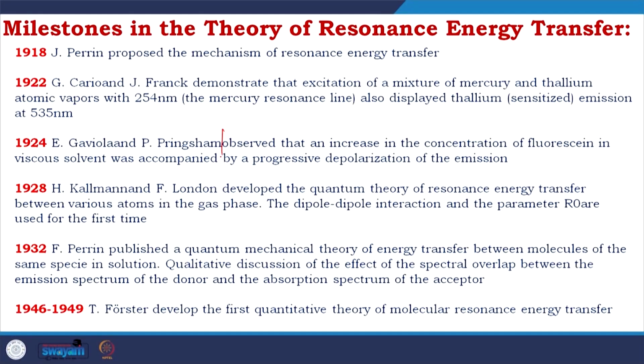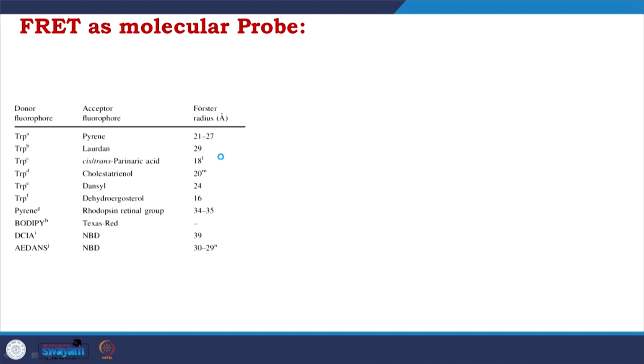Finally, in 1946 to 49, T. Förster, in whose name we know it today, developed the first quantitative theory of molecular resonance energy transfer. So, without going into much depth, I just want to say that this FRET relation is used globally as a molecular probe.